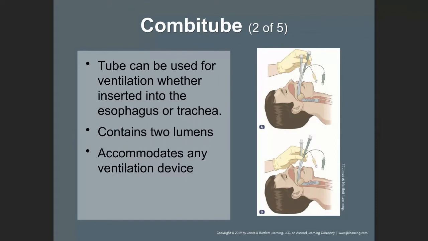The tube can be used for ventilation whether it is inserted into the esophagus or the trachea. So it's blind insertion, and depending on the double connection port, you can ventilate through the middle or you can ventilate through the tip, depending on where the tip has been inserted. It contains 2 lumens and it accommodates any ventilation device.